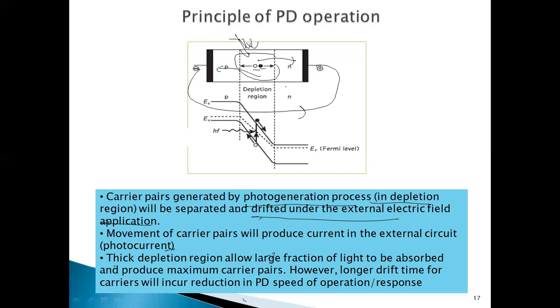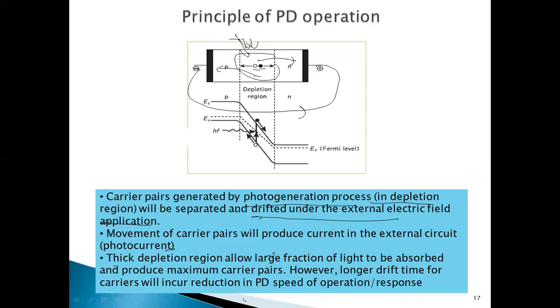A thick depletion region is very good because we want more carrier pairs generated, since light will be incident on this depletion region. When more carrier pairs are generated, more current will be produced in your circuit.